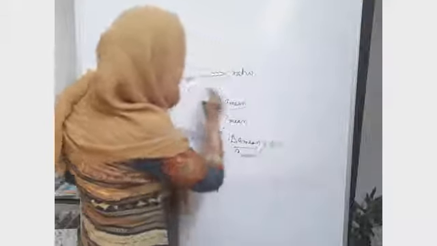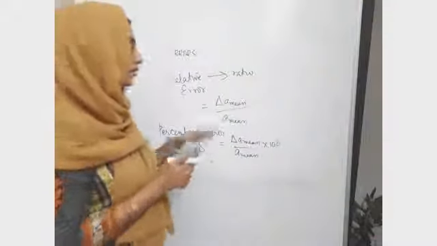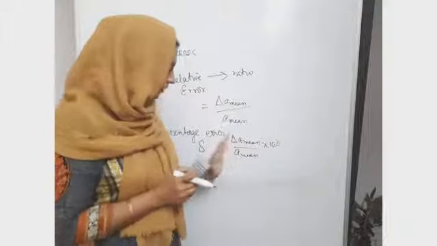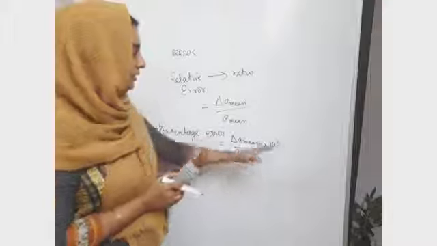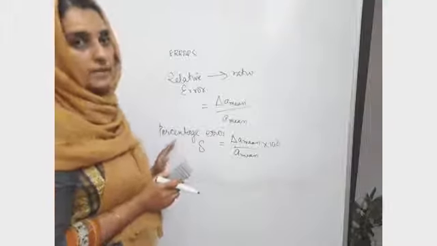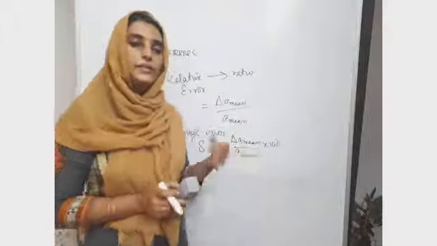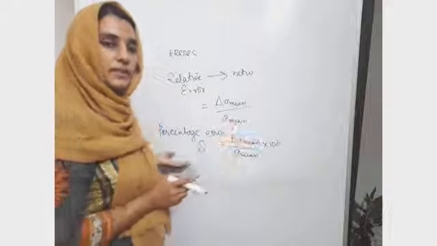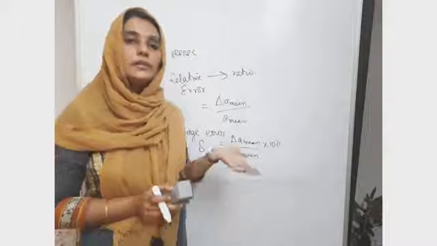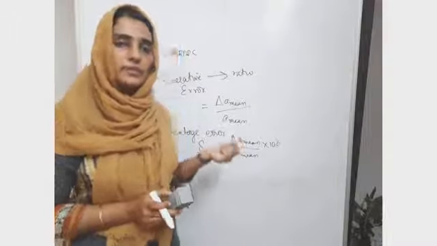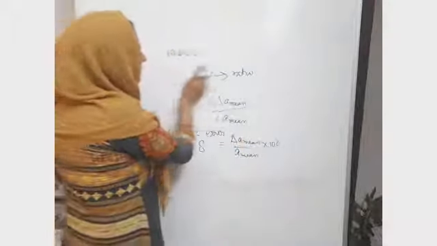That is expressing relative error in percentage. That is, if you multiply relative error by 100, you will get percentage error. How to get relative error from percentage error? Then you just have to divide it by 100. Suppose you are given the percentage error and you don't know the relative error, you just have to divide it by 100. If you know the relative error and you have to express it in percentage error, then just multiply the relative error by 100. So these are the three ways in which we can represent the errors in the final result or in a quantity.